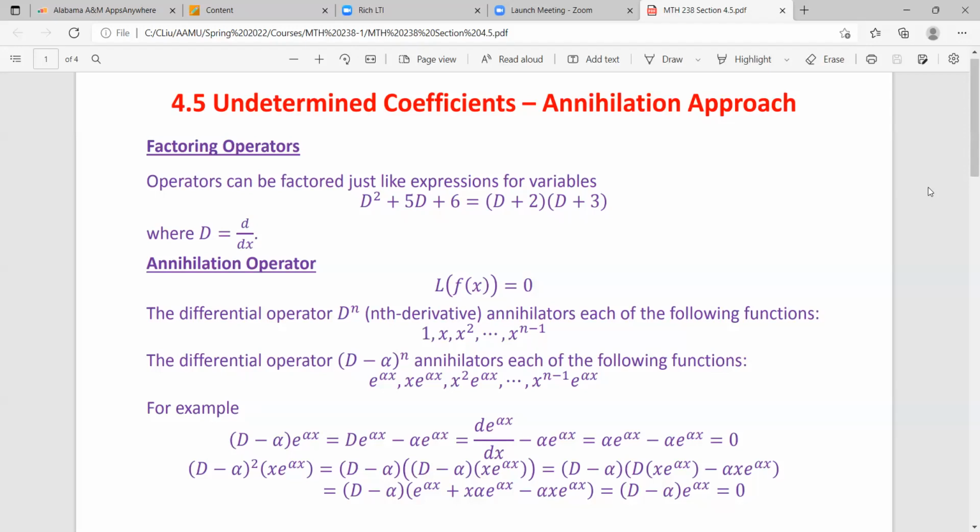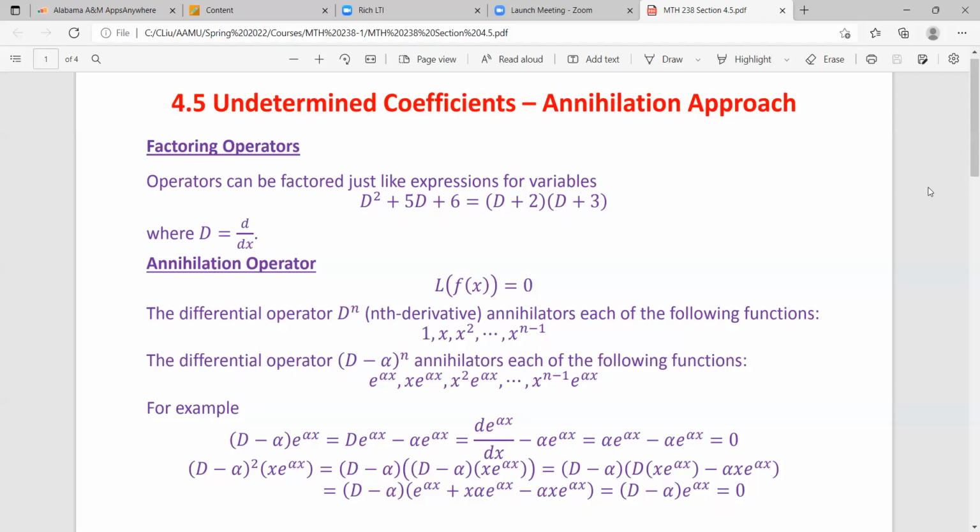Each time you apply D minus alpha, you just take the derivative of the function and subtract alpha times the function. So you just do it n times for those functions, and it turns out that you're going to get 0 for all of those functions.